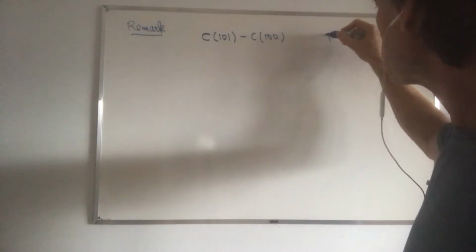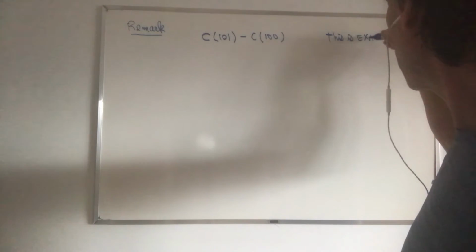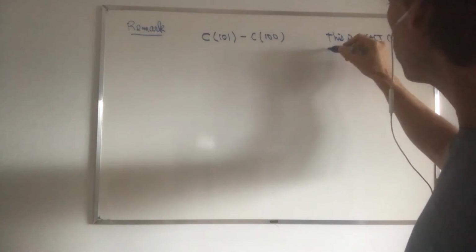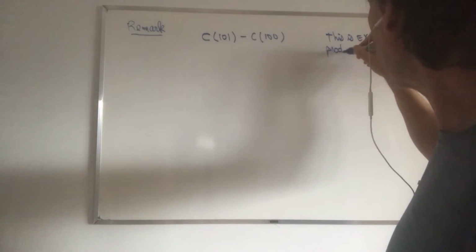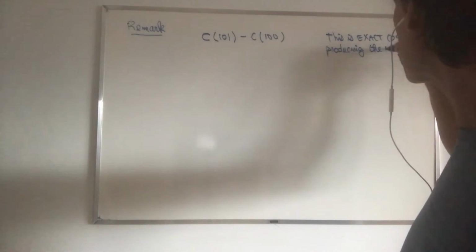Now remark. C of 101 minus C of 100. What is that? This is the exact cost of producing, making, manufacturing, call it what you will, the 101st gizmo.